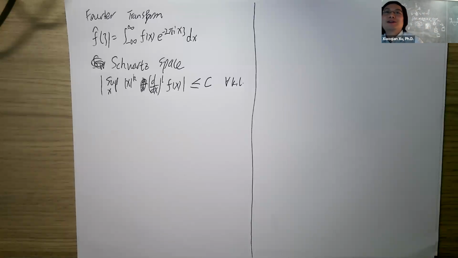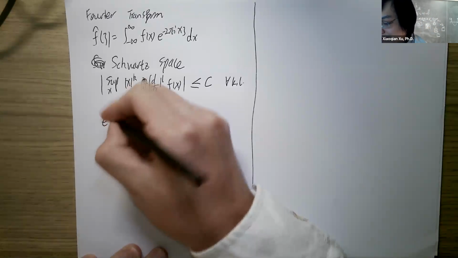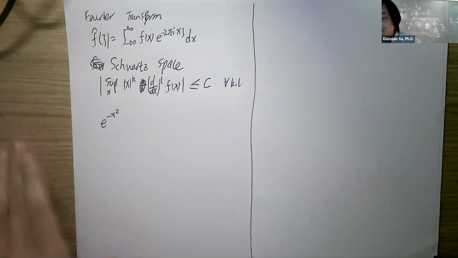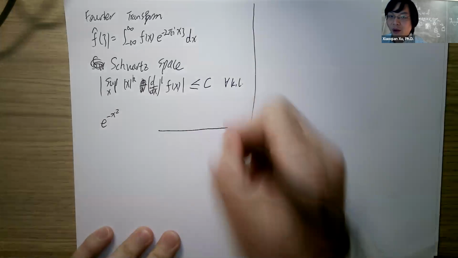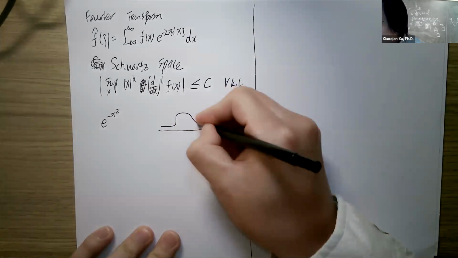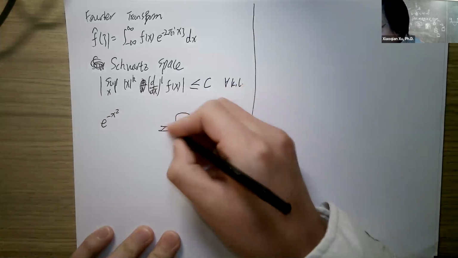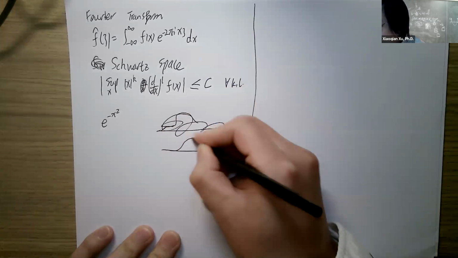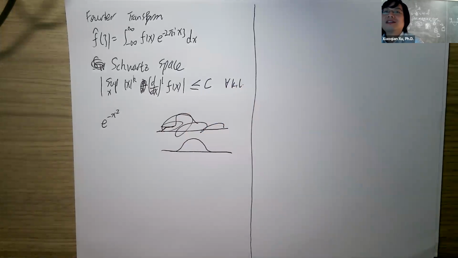Last time we mentioned that although it seems that nothing is really in this space other than variations of the Gaussian, e to the minus x squared, this is not really true. Functions which are smooth with compact support are also in this space.